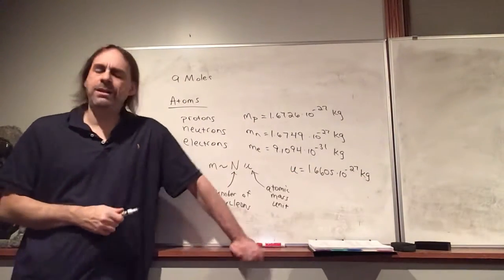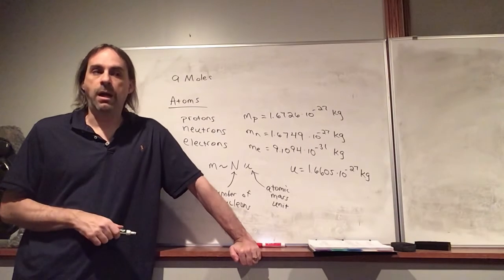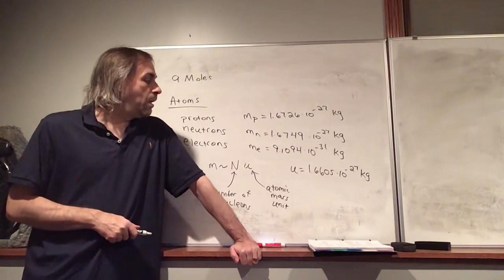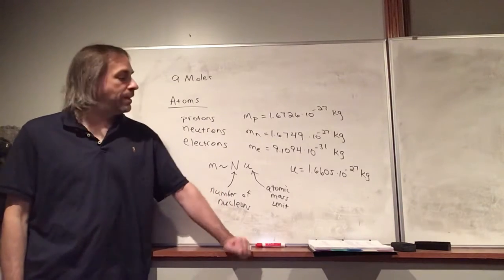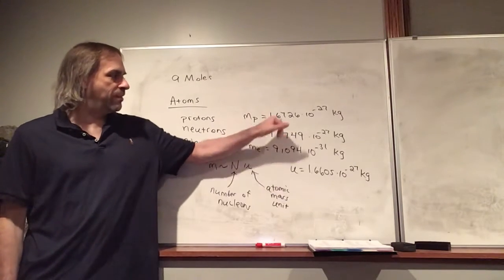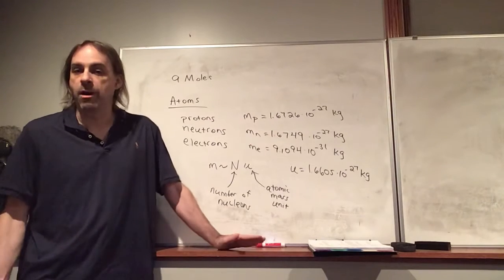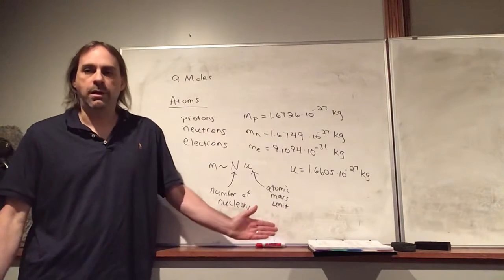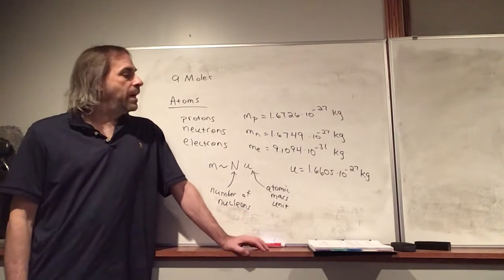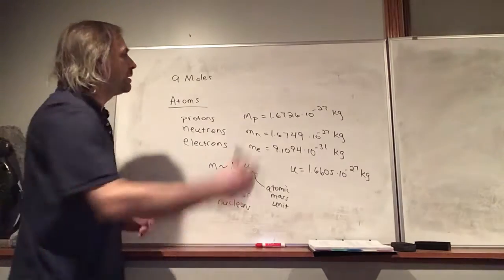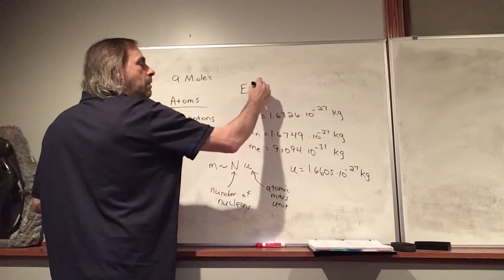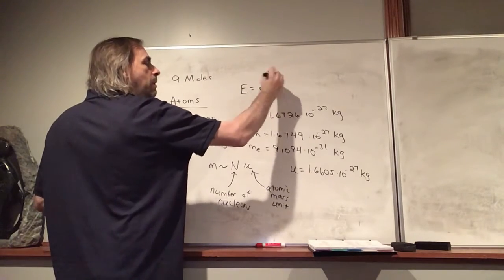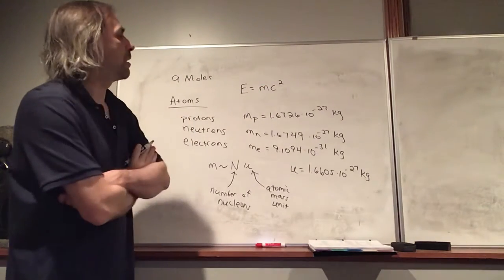Now, this number might surprise you, because I said this is basically the mass of a proton or a neutron, but if you look at it, it's actually a little bit less than either one. So how does that make sense? The answer is one of those famous equations in physics, E equals mc squared.